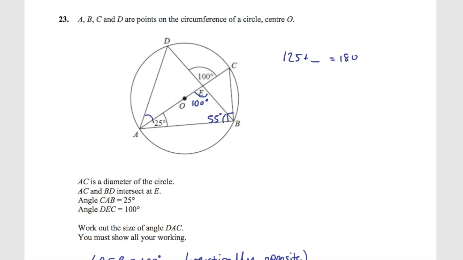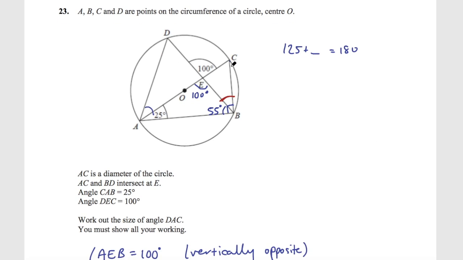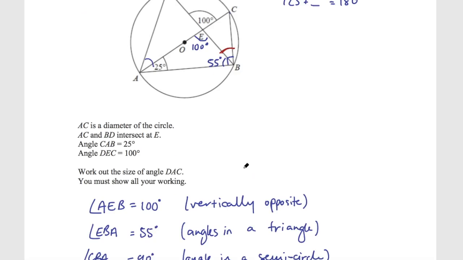Okay, and now I can actually see the connection between the angles I'm working out and this angle DAC. Because if I can work out this angle in here, that will actually equal angle DAC. And that's another circle theorem that you need to know. So let's work out this angle CBD.